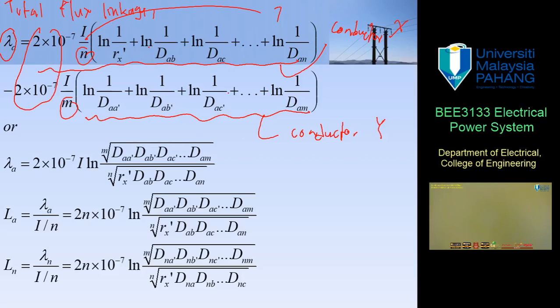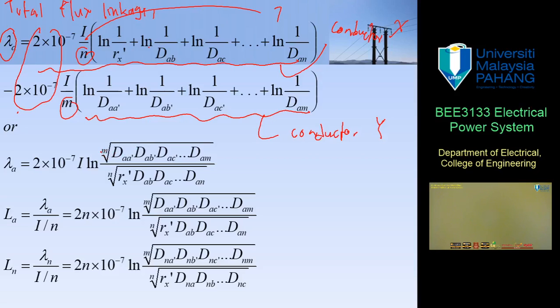For this case, it is m over n, with the minus sign.